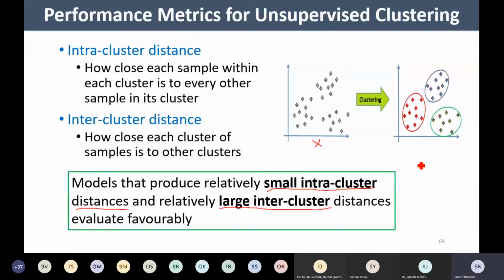So let us try to describe one example. And that example is customer segmentation. So what do we mean by customer segmentation?